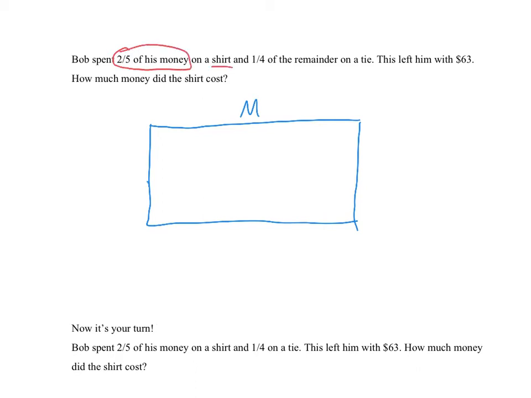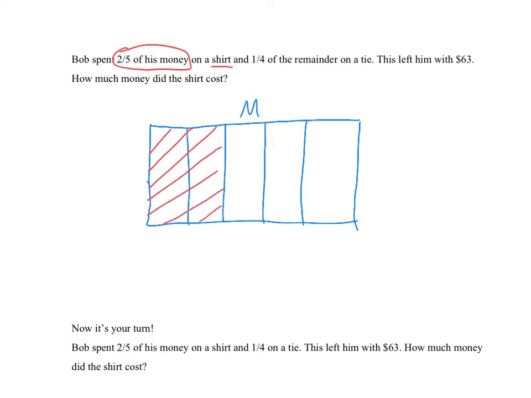So let's divide up our box into 5 equal bars as best as we can. Okay, and 2 of those bars are for the shirt. So let's shade in red this for the shirt.